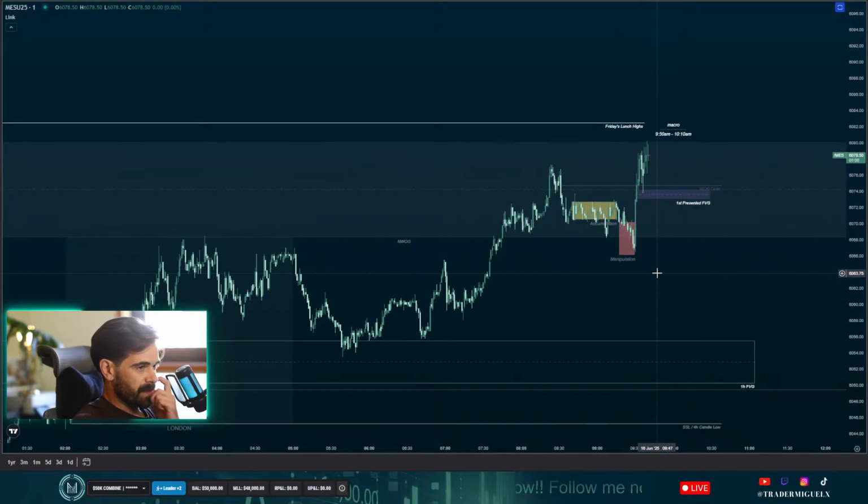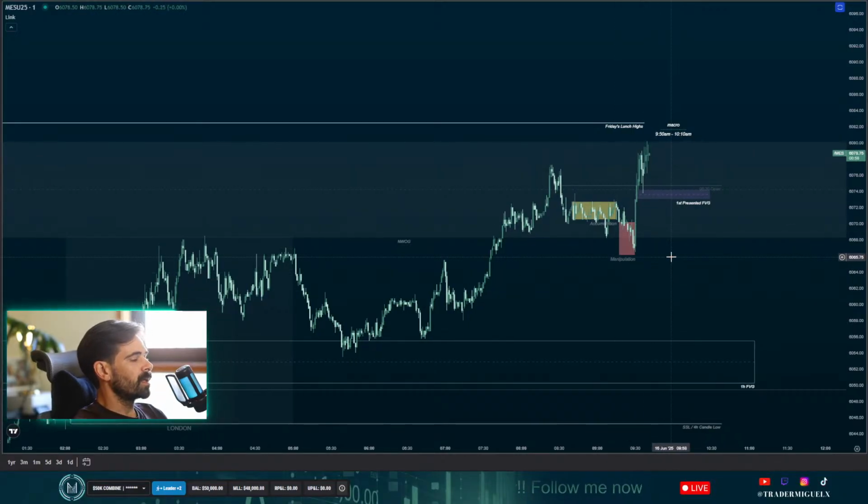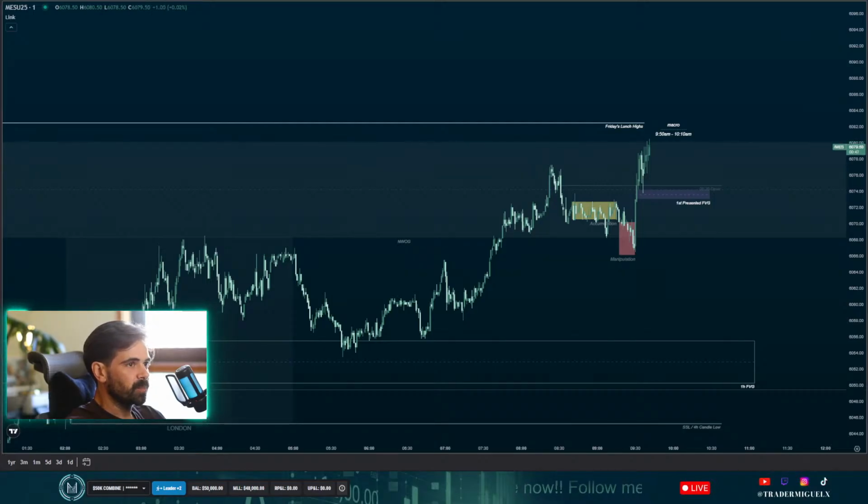Well, and price is retesting the upper band here of the NWOG. We are clearly still with bullish price action, so nothing to look for shorts still.